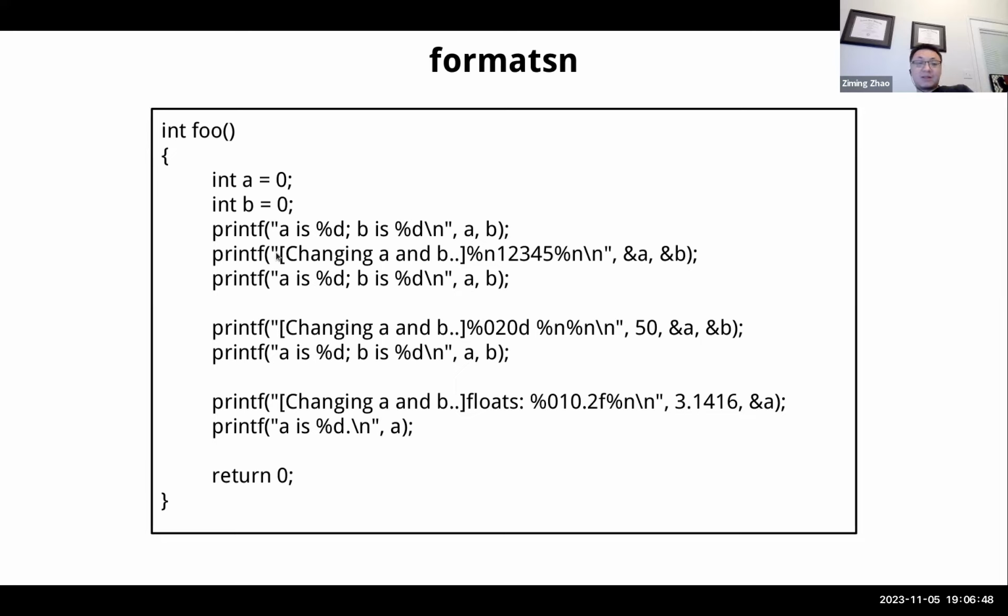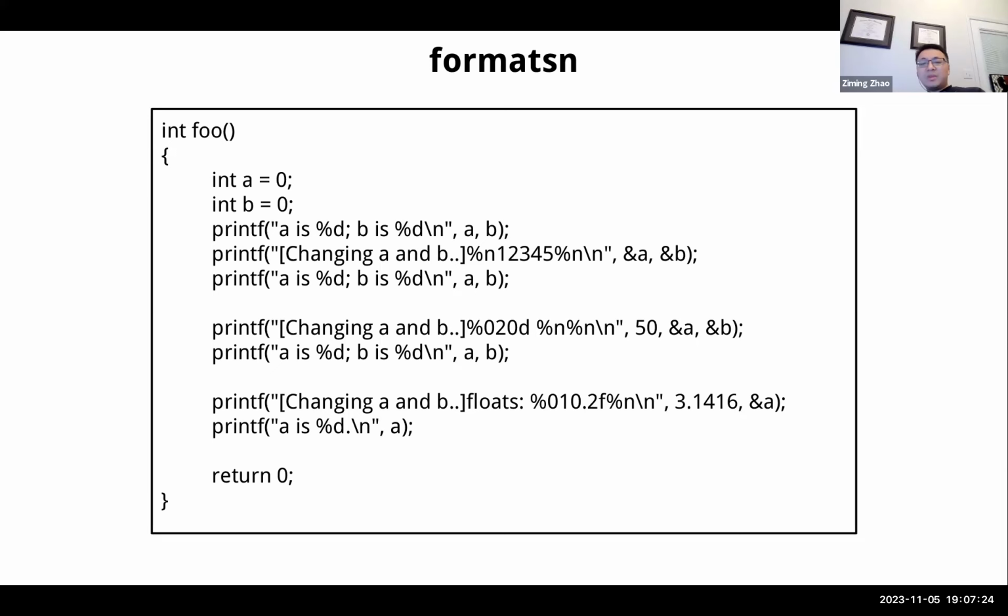It's just the beginning of the string in C language. The bracket, that's 1 character. So we have 1, 2, 3, 4, 5, 6, 7, 8, 9, 10. The white space, 11, 12, a lot of white space, 13, 14, 15, 16, 17, 18, 19, 20. Okay, so before the %n, there are 20 characters.